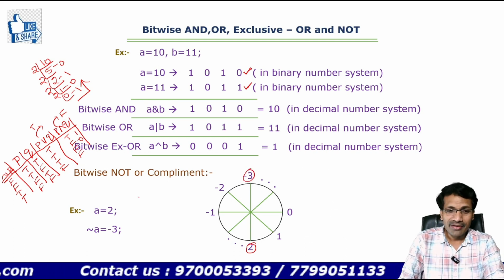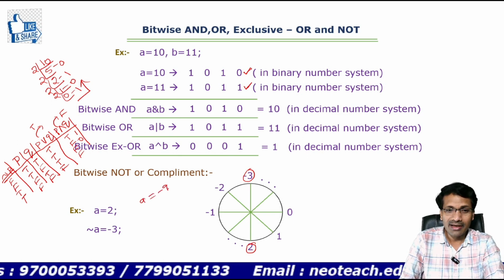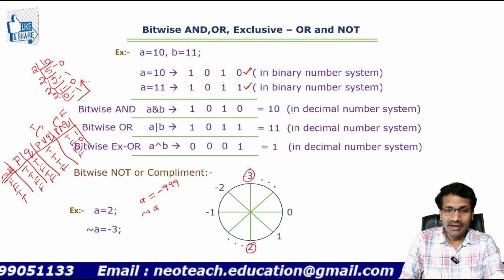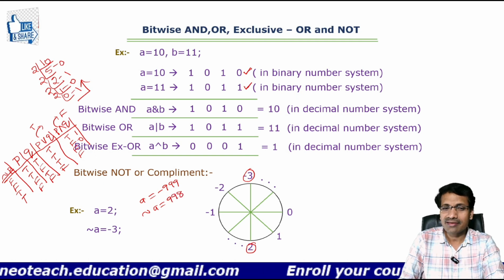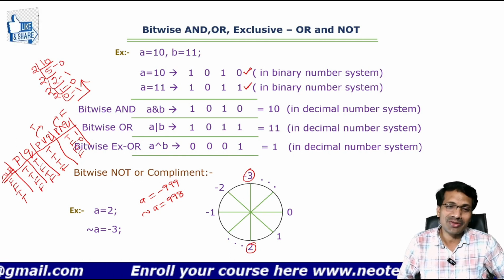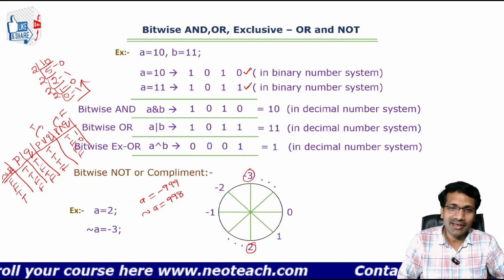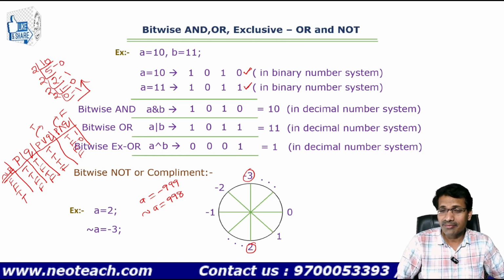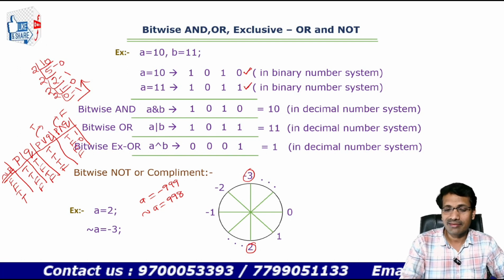In the same way, if you take an A value like minus 999, then the complement of A is 998, because the opposite value of 998 is minus 999. So with one example, we can directly say the answer in interviews or competitive exams, or in some written test. We can directly answer such logical questions with this knowledge.